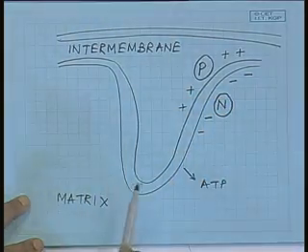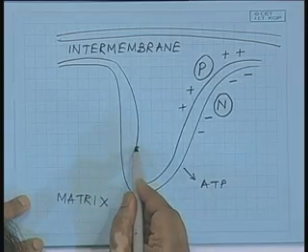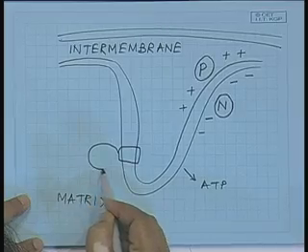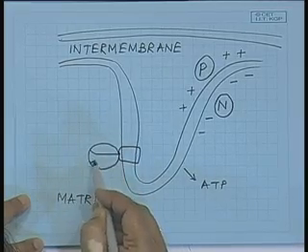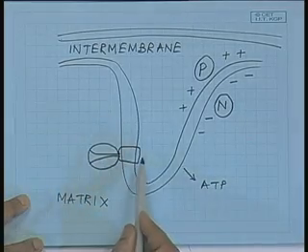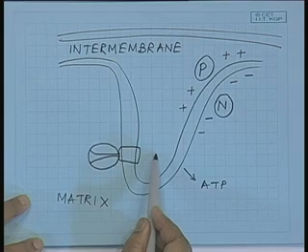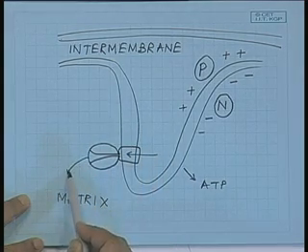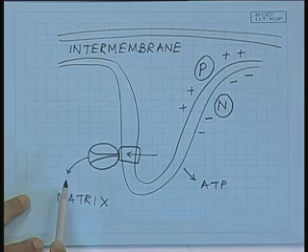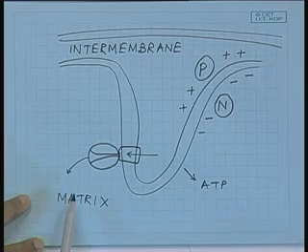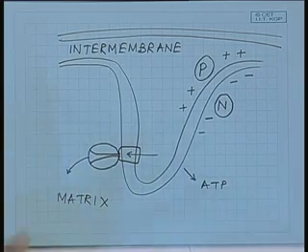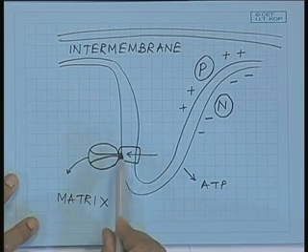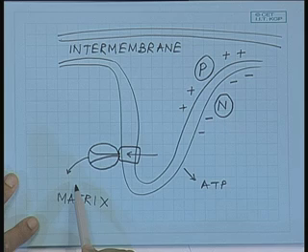So, we have a certain protein that is called ATP synthase, whose structure we will look at in a moment, where the protons have to get in here and ATP is produced here. The ATP has to be produced in the matrix, because all the reactions are going on in the matrix, but it requires a large amount of protons for it to occur.